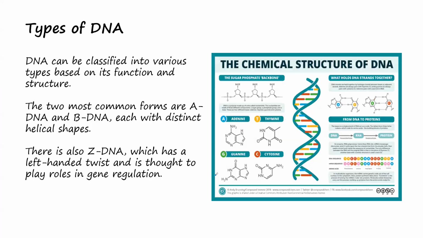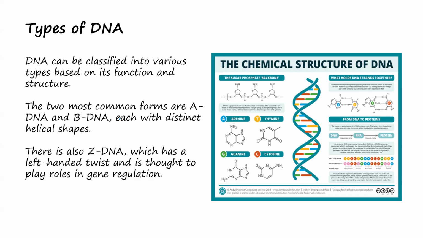So then the next thing that we are going to look at is the different types of DNA. DNA is classified into various types based on its function and structure. The most common forms are A-DNA and B-DNA, each with a distinct helical structure. There is also Z-DNA, which has a left-handed twist and is thought to play roles in gene regulation.